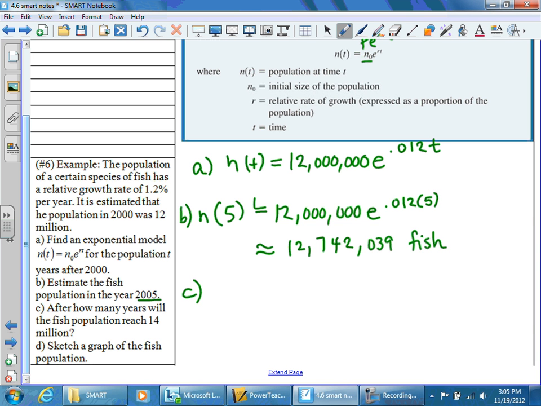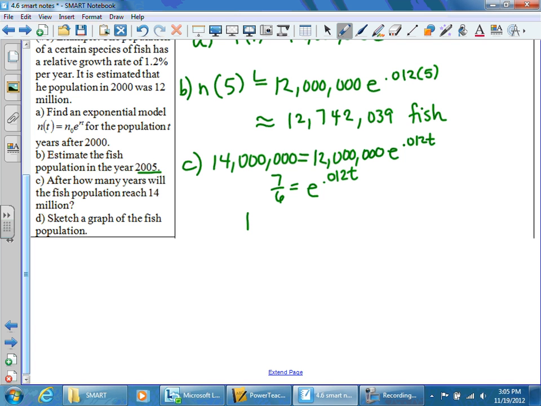Okay, and C, after how many years will the fish population reach 14 million? So I'm going to set it equal to 14 million. So I can divide by 12 million. ln both sides, which means that exponent is going to come down in front.